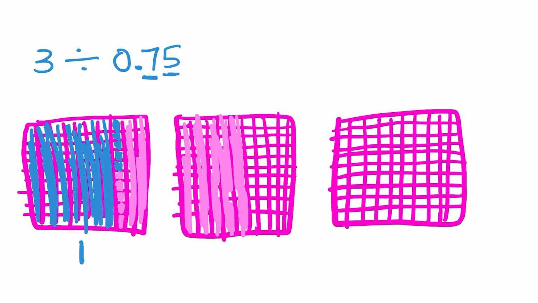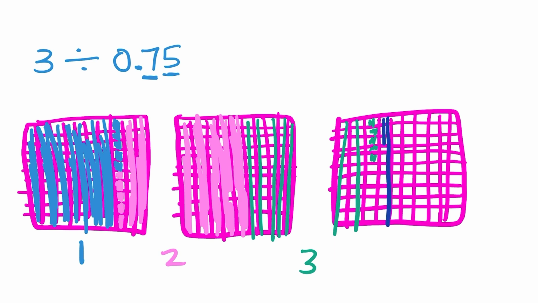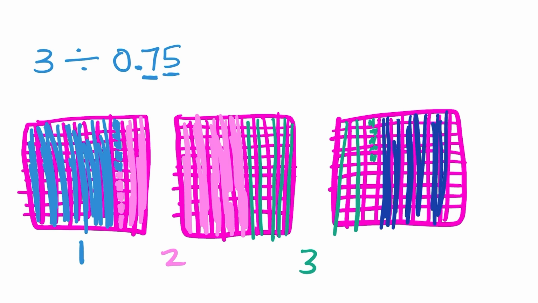So this is one group, two groups. I'm going to do 7/10 again and 5 hundredths. So that's 3 groups. And my last one, 7/10 and 5 hundredths. That's 4 groups. So my answer is 4.